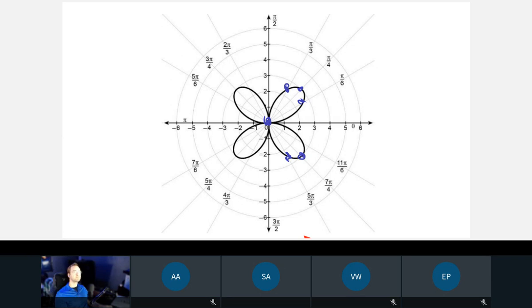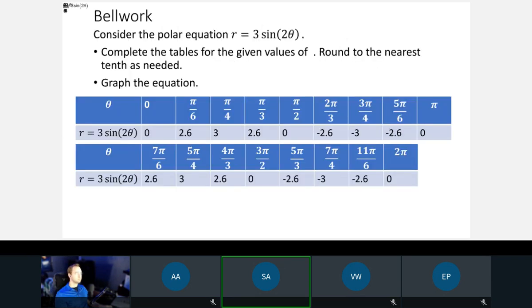Mhm. So on the other side before this one, so for 3 sine 2 pi over 6, you got 2.6 from my calculator. I got 1.4 for the first one. Yeah. Which one? Pi over 6. Okay, it's right here. Did you put this in parentheses? If I put the 2 with the pi 6 in the same parentheses, it gives me an error.